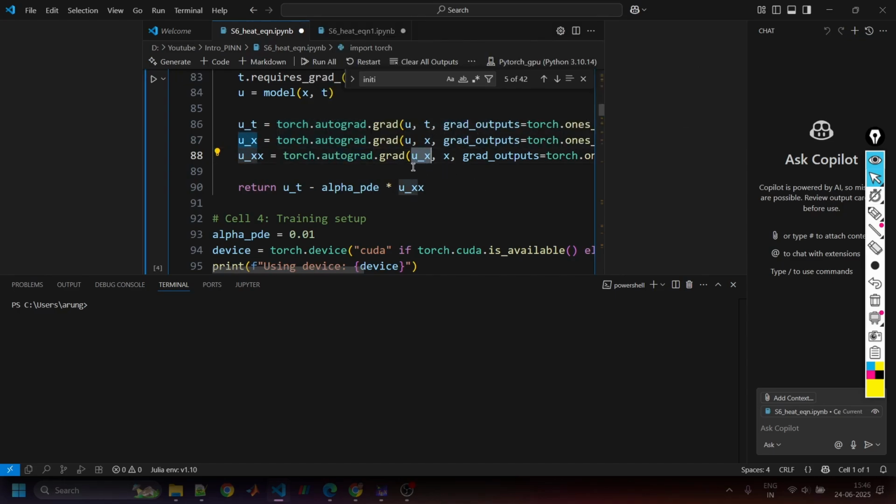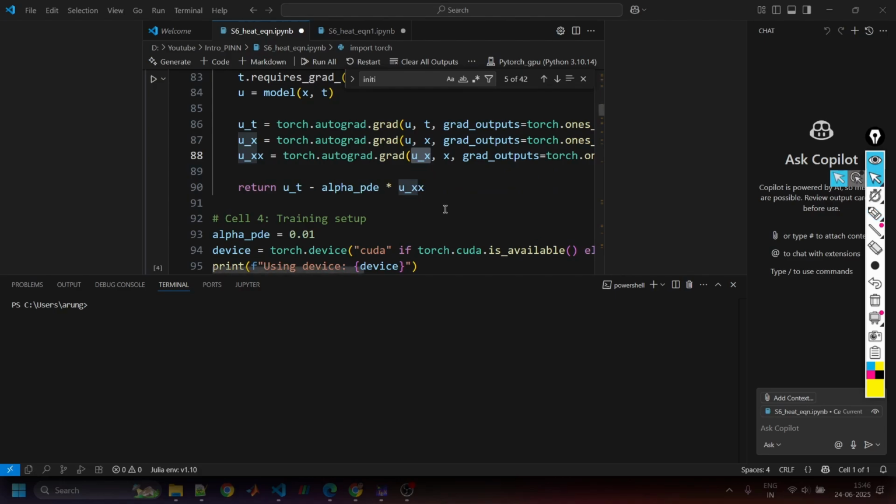For example, let's say we want to calculate the derivative of u. We would be passing the dependent variable here, and we are calculating the derivative of this with respect to x. That means du divided by dx.